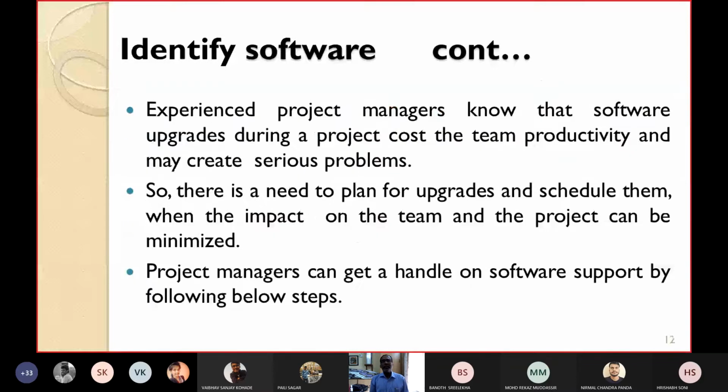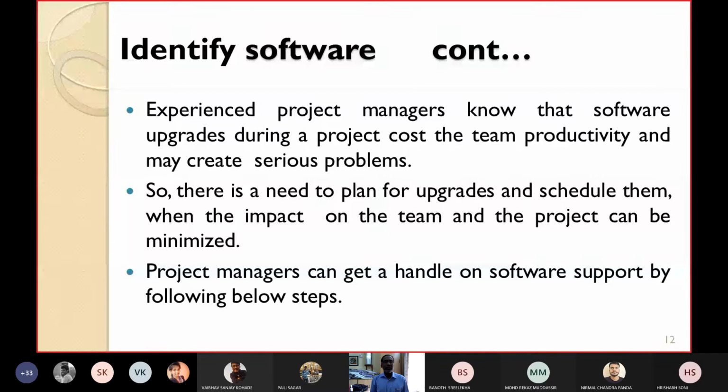So experienced project managers know that software upgrades during a project cost team productivity and may create serious problems. Those who have already handled a lot of projects have already felt that software upgrades during a project also cost the team productivity and may create serious problems during software development.